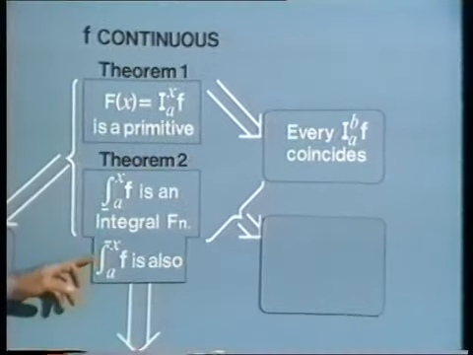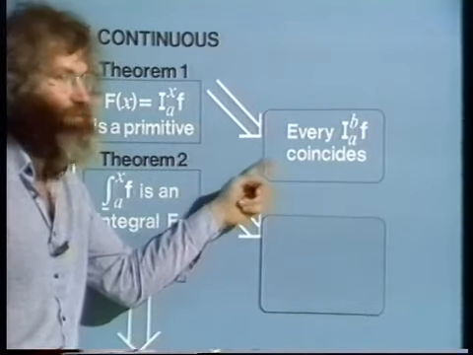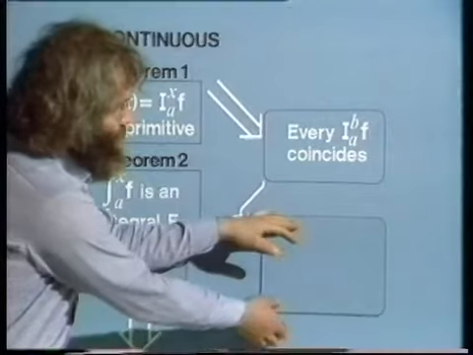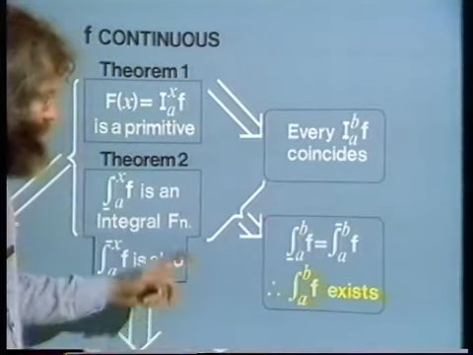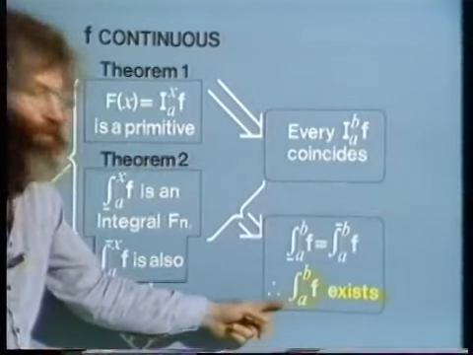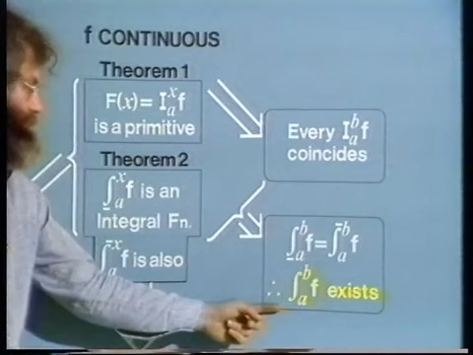So the lower and upper integrals are both integral functions, and we know that any two integral functions coincide. So the lower and upper integrals coincide. But that's exactly what we mean by the Riemann integral existing. In other words, we've proved that the Riemann integral exists.